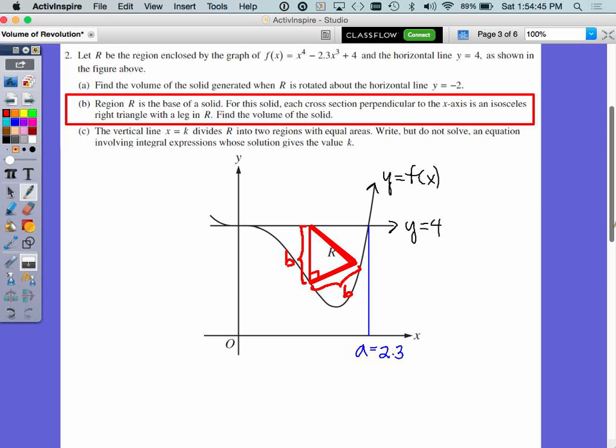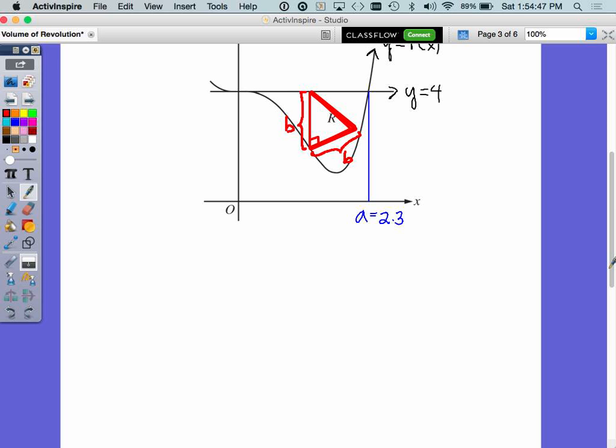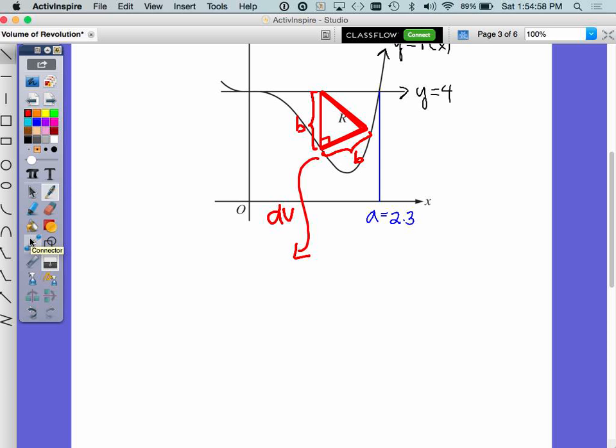So now, what I want to do is take this slice out, and I'm going to identify that as dV, and I want to draw this as if I'm looking straight down at it. So, looking straight down on this, I'm going to see an isosceles triangle.